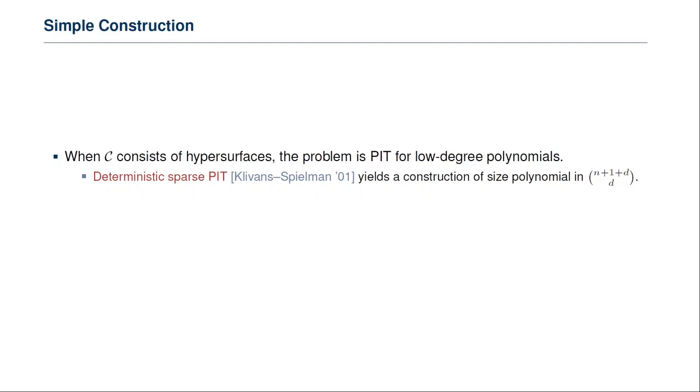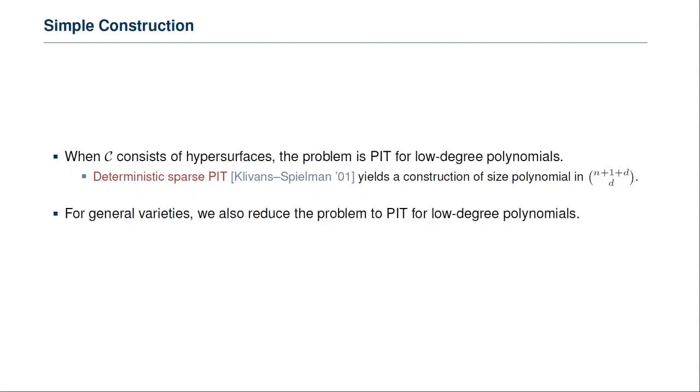So when d is bounded, this gives a construction of polynomial size. For general varieties, our strategy is again reducing to PIT for low-degree polynomials, but we need to associate a polynomial with each variety. How do we get this polynomial? When a variety is a hypersurface, the polynomial is simply the polynomial that defines the hypersurface.